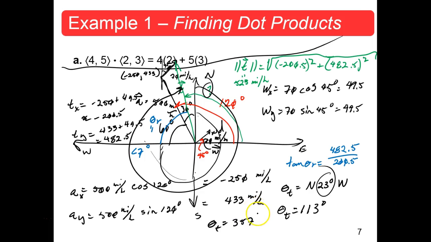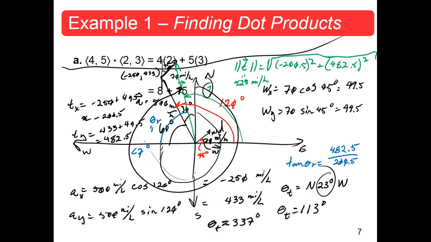Yeah, 357 degrees, approximately. I'm sorry, I can't subtract. Subtract 23 from 360. Yeah, 337 degrees. That's the one I think they used in the book, because that's the one they gave you to begin with. They said this was 330 degrees here, so it'd be 337 degrees there.